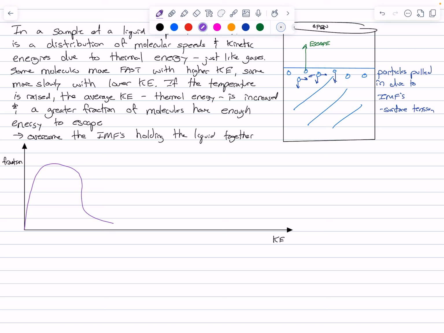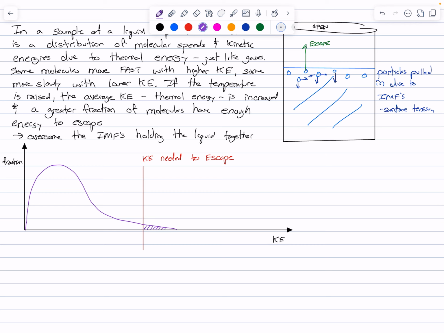Let's try that again. There we go. Excellent. And let's just say this right here, that is the kinetic energy needed to escape. Let's just say that's what it is. I need that. So that means right here, this little bit can go. And again, my curve is not the best, but all right.